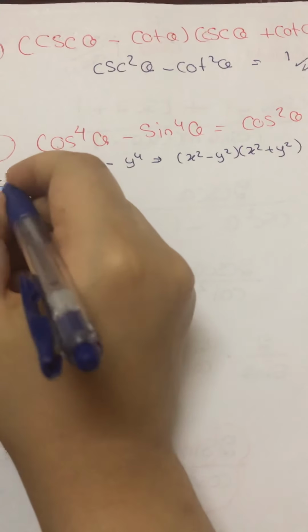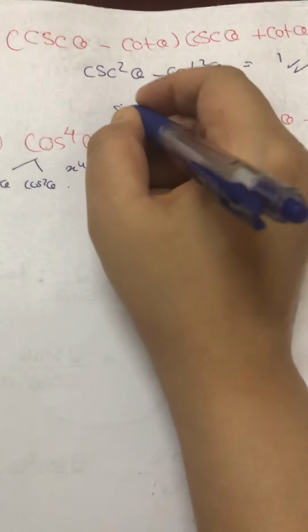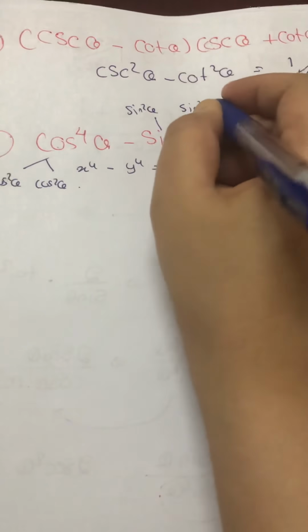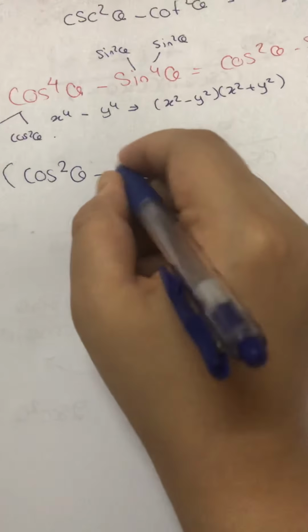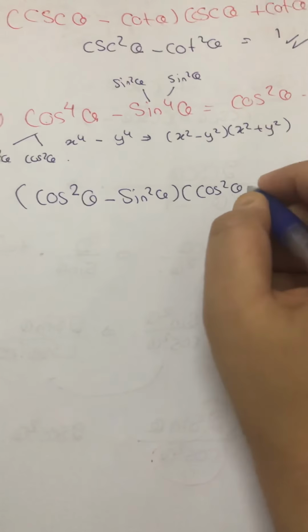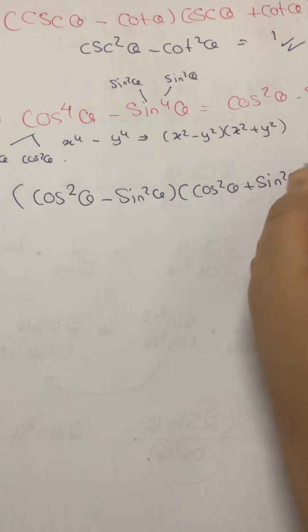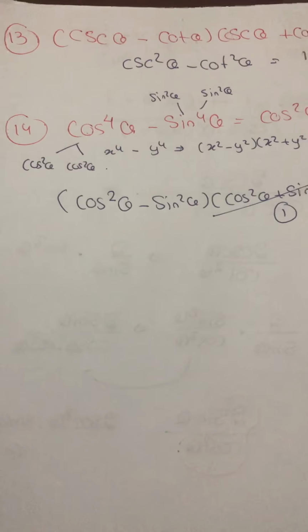I'll split this to cosine squared theta, and this into sine squared theta, sine squared theta. One bracket positive, one bracket negative. Cosine squared theta minus sine squared theta times cosine squared theta plus sine squared theta. This is 1, and you reached the answer.